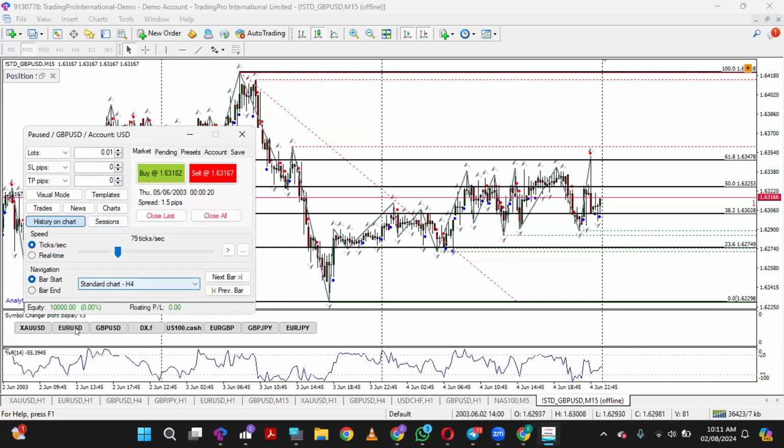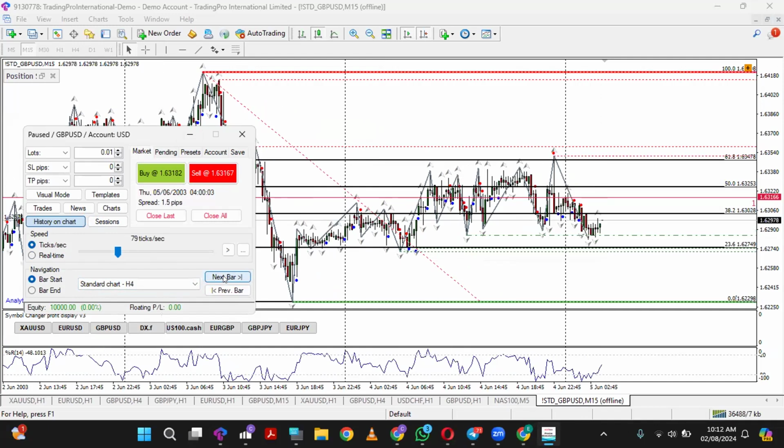When you move this forward, let me see. This next bar, you can either move it by yourself or you allow it to play by itself. There's a way it works.